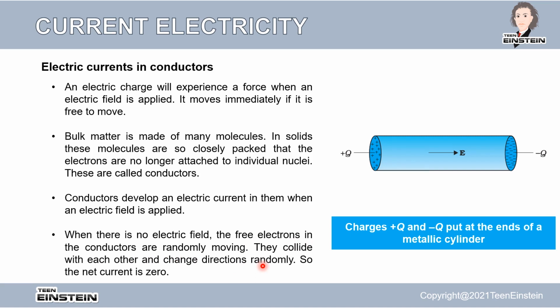So they will be moving, but randomly. The net charge flowing across a particular area can be 0 because they are moving randomly in all directions, and they collide with each other and change directions randomly. So the net current is always 0 in the absence of an external electric field.